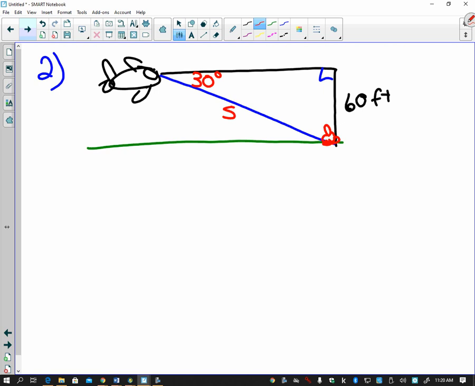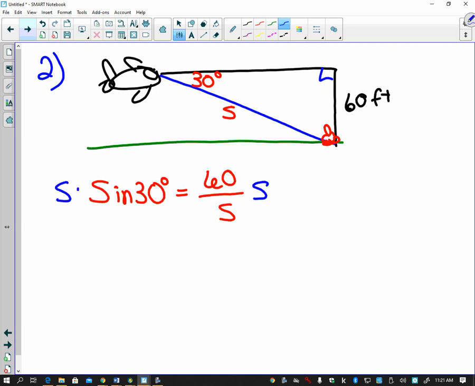I heard sine 30. Sine 30 degrees, because we have opposite over hypotenuse. 60 feet is opposite of 30 degrees, and we're looking for the hypotenuse. So we would multiply by s. I got s times sine 30 equals 60. Then I'm going to divide by sine 30 on both sides.